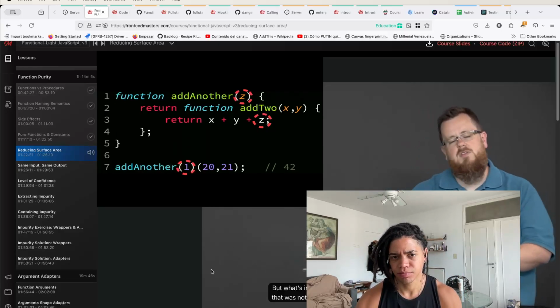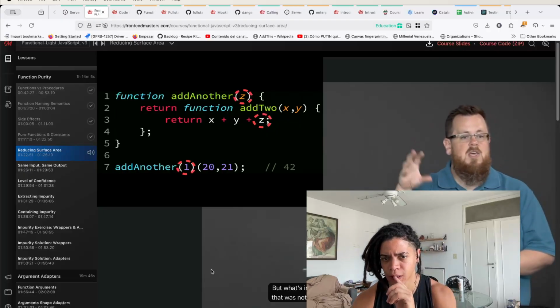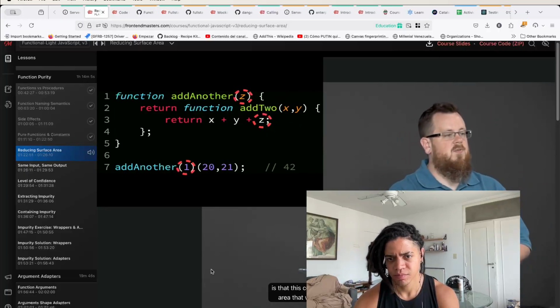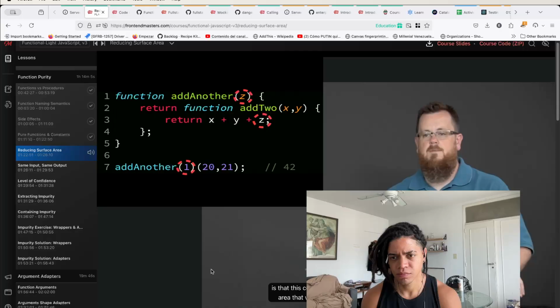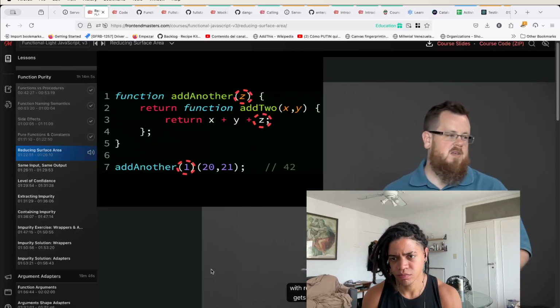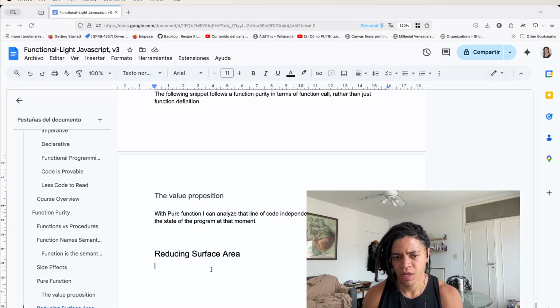But what's interesting about this code that was not true of the previous slide is that this code has a smaller surface area that we need to worry about with respect to whether Z gets reassigned. Reducing the surface area.